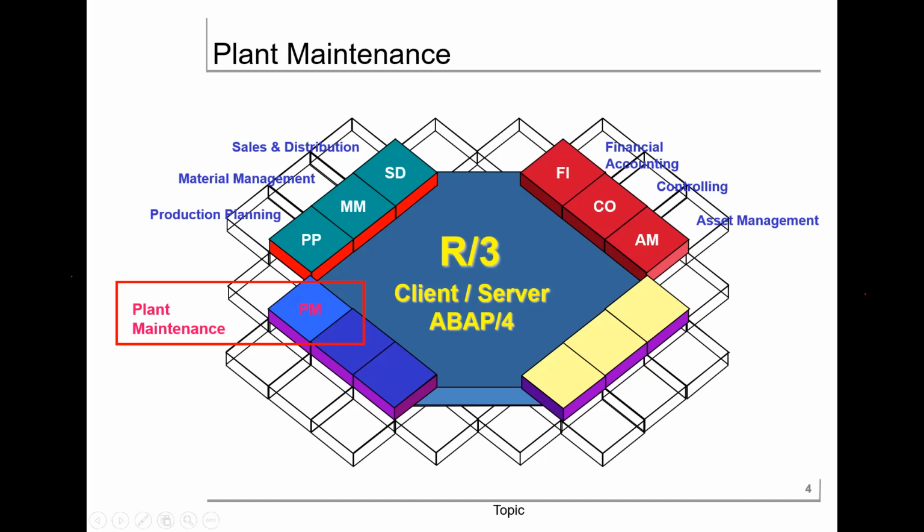Here, ABAP, Advanced Business Application Programming, is the technical module. ABAP is integrated with these functional modules. You can see here PM, PP, MM, SD, FI, CO, and asset management, etc.